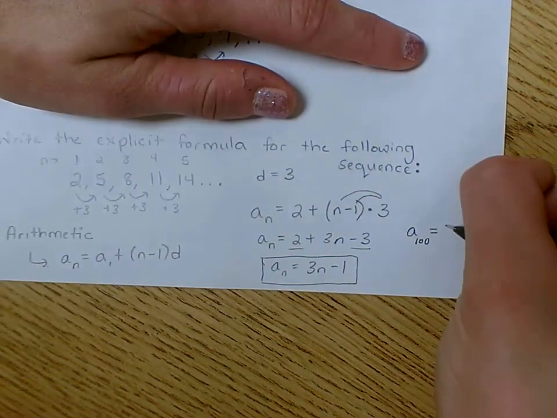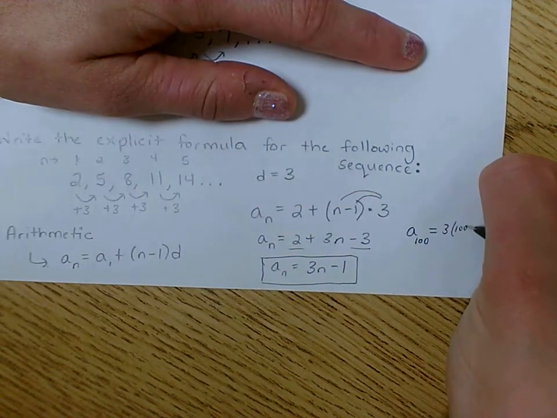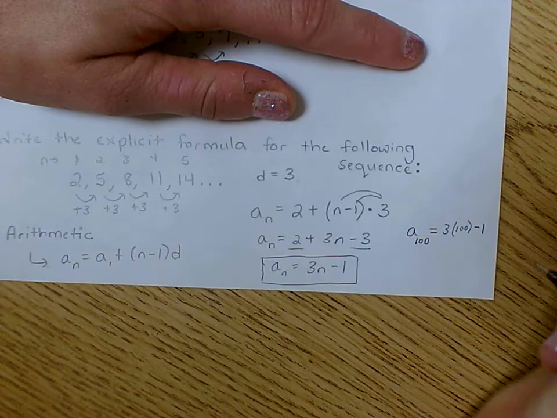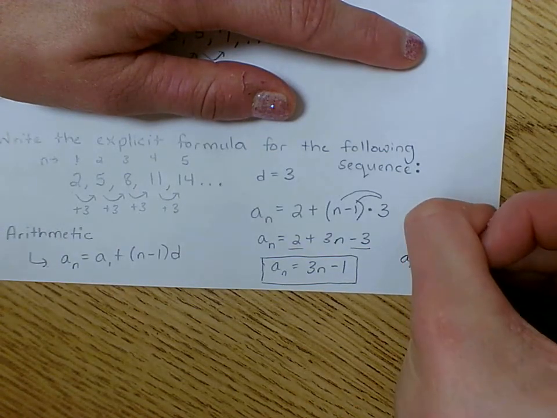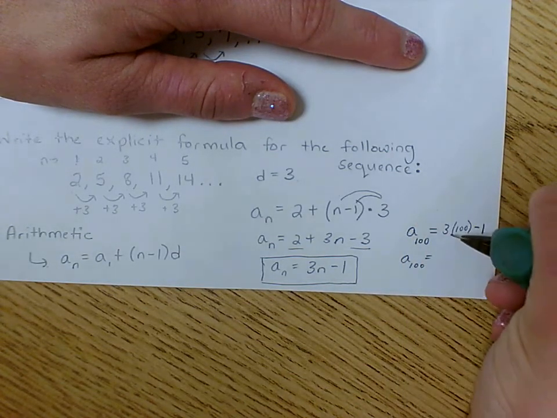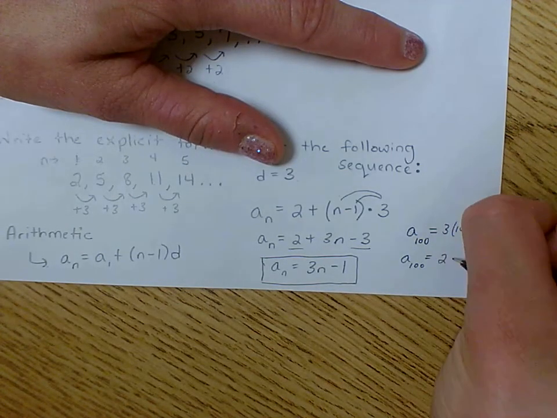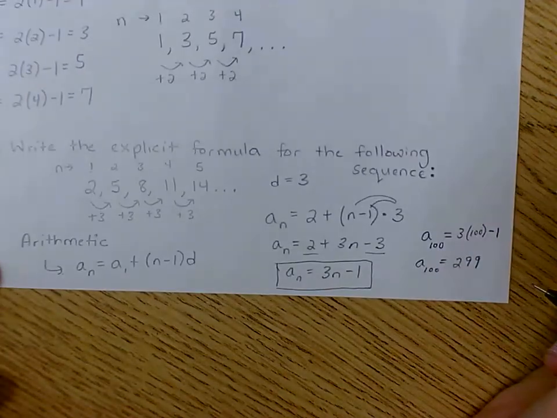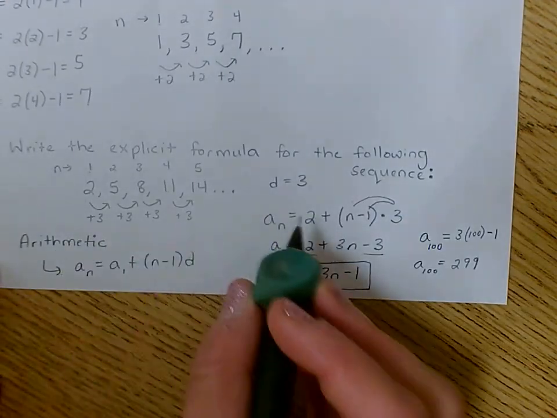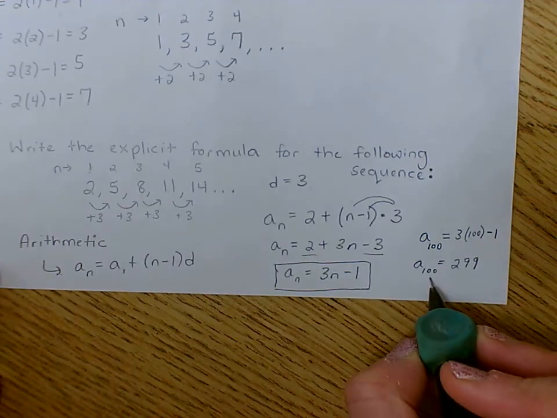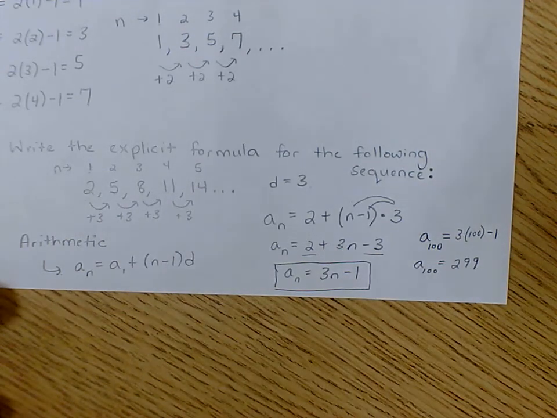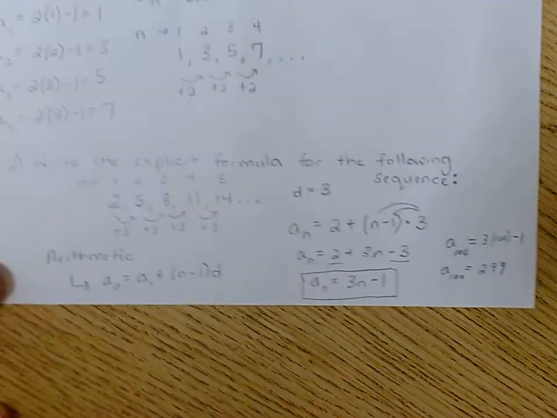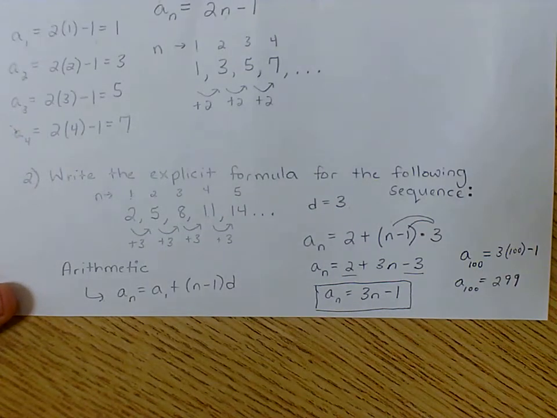So you would take 3 times 100, which is 300, and then 300 minus 1 would be 299. So your 100th term of that sequence, if you added 3 over and over till you got to the 100th term, would end up being 299, okay? That's the reason why explicit forms are so lovely, all right?